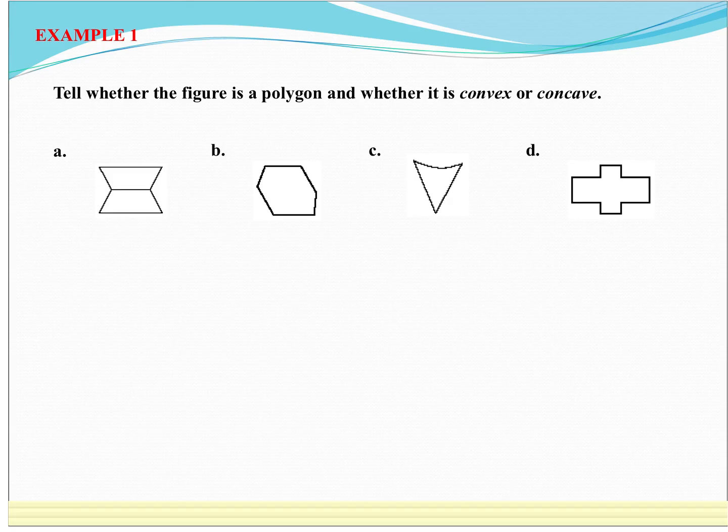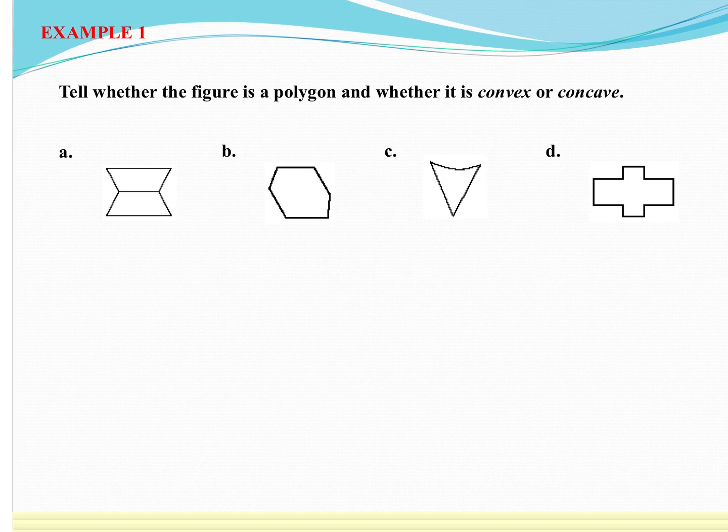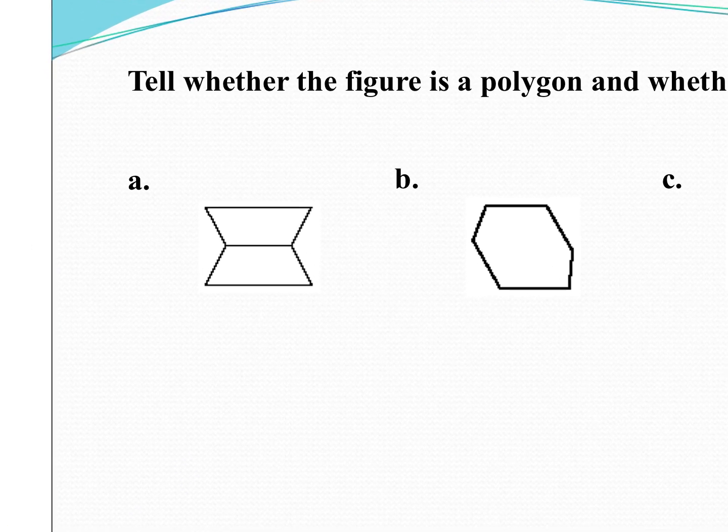All right, looking at these, it says tell whether the figure is a polygon and whether it is concave or convex. So if it is not a polygon, you don't have to worry about convex or concave. So looking at A, is this a polygon? Why? Good, it has that intersecting line right here.